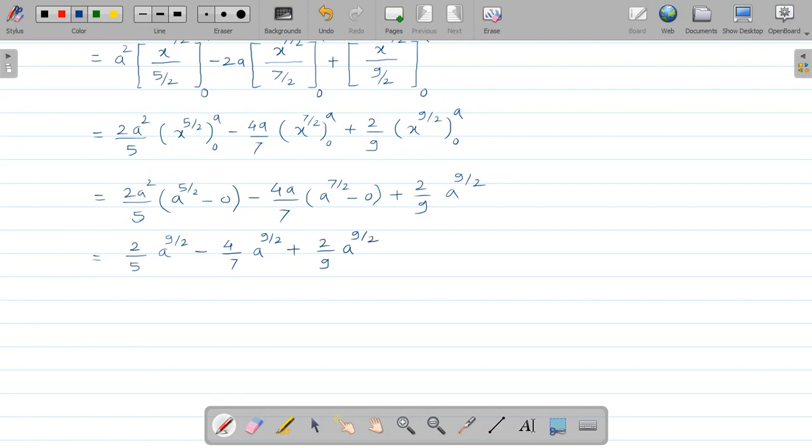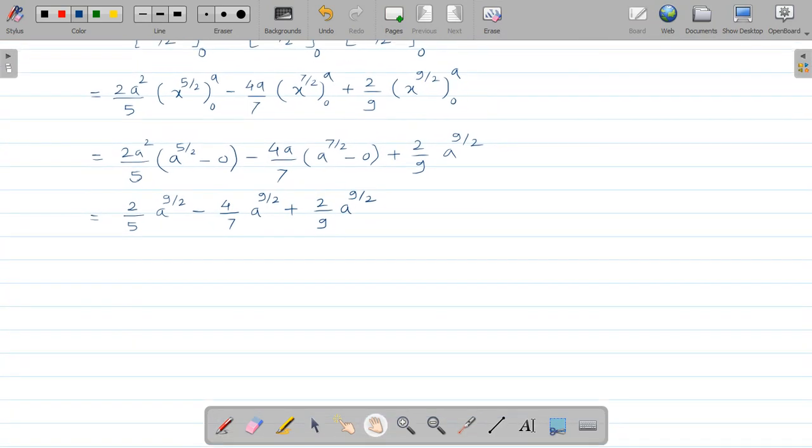So everywhere, for each term you will get a^(9/2) as a common part. Check this carefully. And hence you can take a^(9/2) common from everywhere, and hence you will get 2/5 minus 4/7 plus 2/9. So just here we have to calculate this bracket.